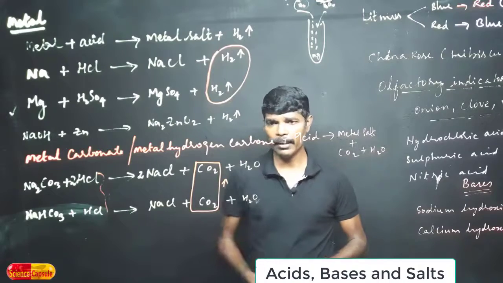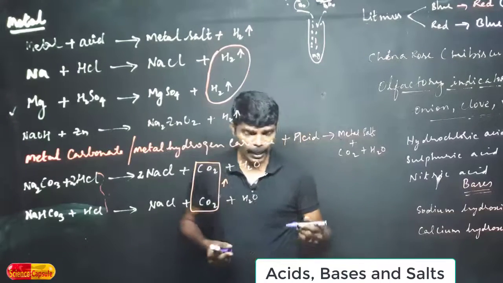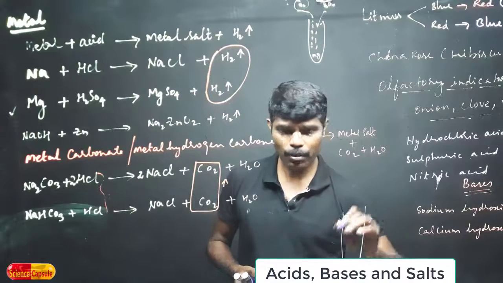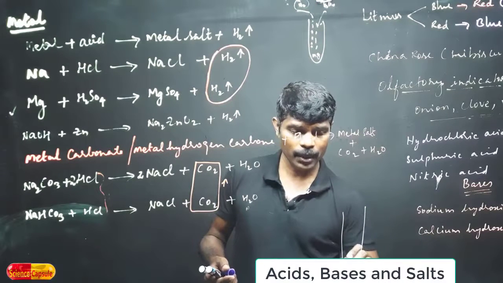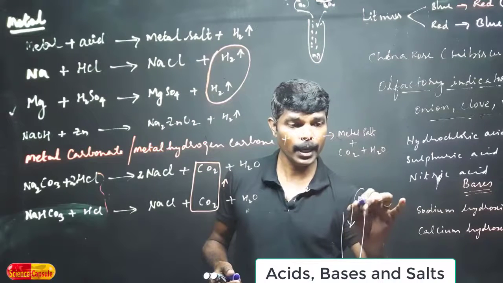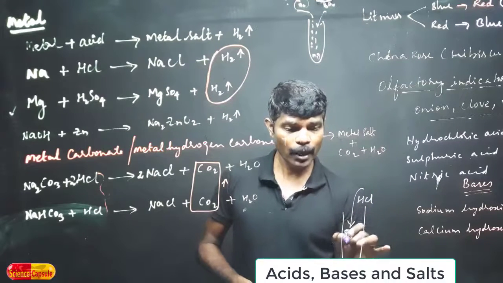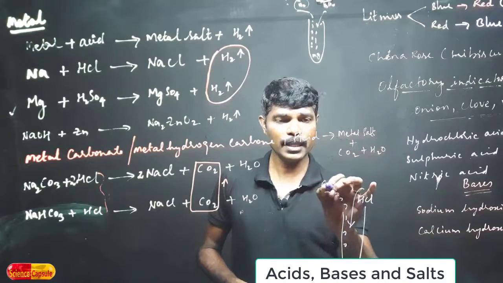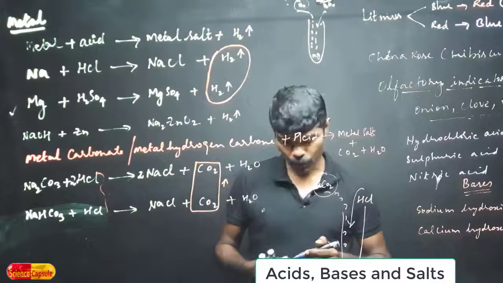Whereas in the case of carbon dioxide, how can we prove it? Again we can have a test. Suppose this is the test tube, and here we have sodium carbonate, Na2CO3, and we add hydrochloric acid. Upon adding, a gas is evolved. This gas is carbon dioxide. This we have to prove.